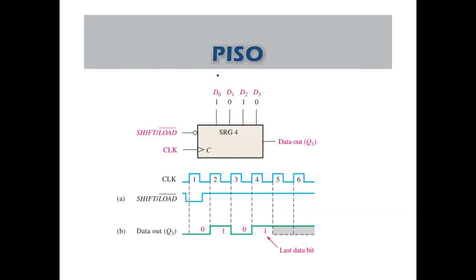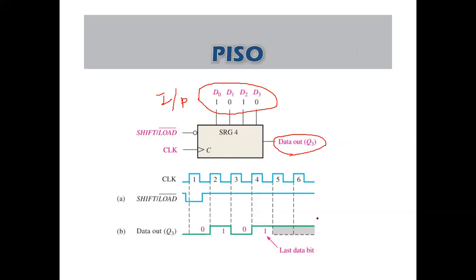Then the last one, parallel input, serial output. What I'll do is apply the input simultaneously. This is my input, and this is my output.